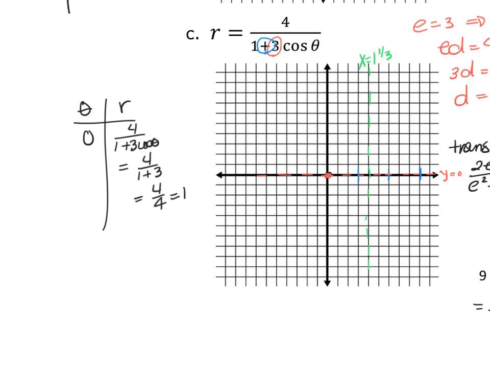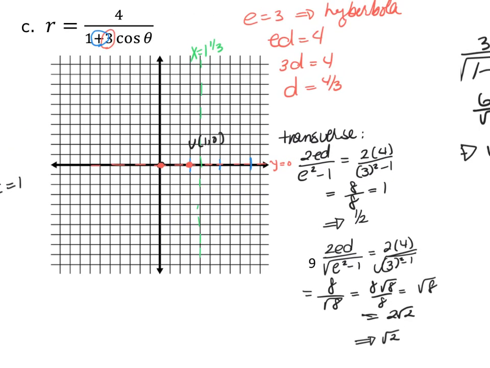my focus, and the length of my transverse axis helps if I put that in the right place. My vertex, because remember I was doing it in terms of 3, so let me go back here. Here's where my vertex is. My vertex is at 1, 0.